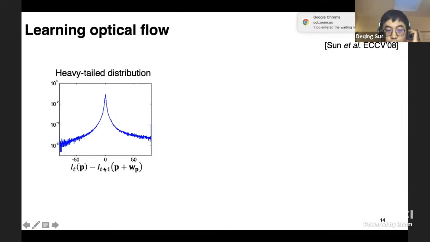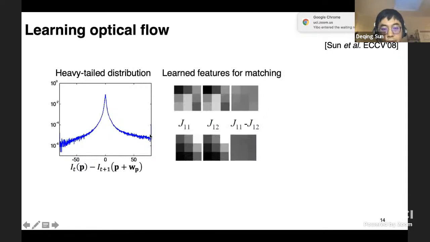We take their brightness difference, and we can see this is a very heavy-tailed distribution, which means the brightness constancy does not always hold. We can further learn some features to use to match the pixels. Say, we apply filters to the image, compare the filter responses, and impose filter response constancy.